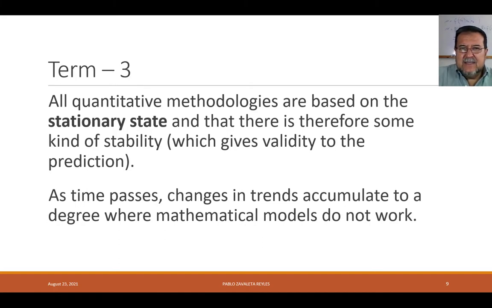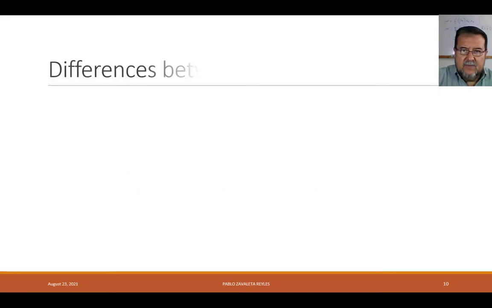When time passes, changes in trends tend to accumulate to a degree that mathematical models will not work. So if you try to use, for example, a regression for the long term, the variations will accumulate so much that perhaps your line goes like this and your reality is over here. So be very, very careful with what you use. For short term, we tend to use quantitative methods. For longer term, qualitative methods.